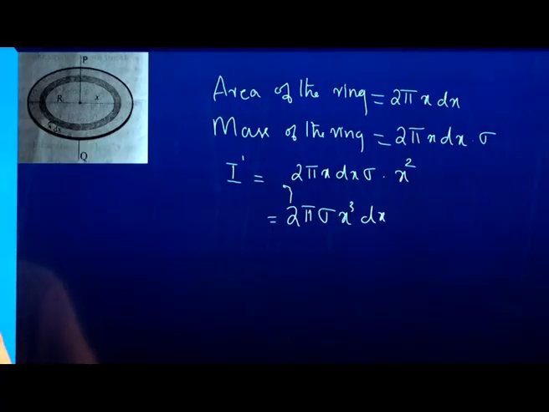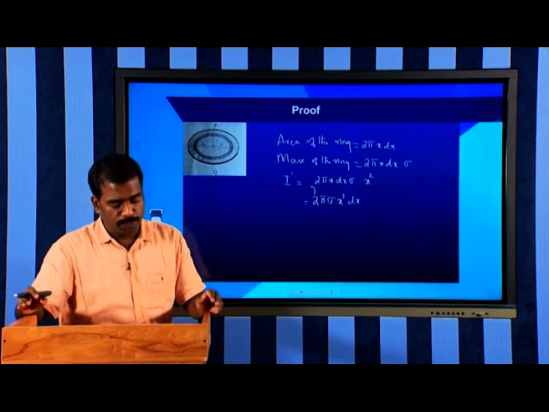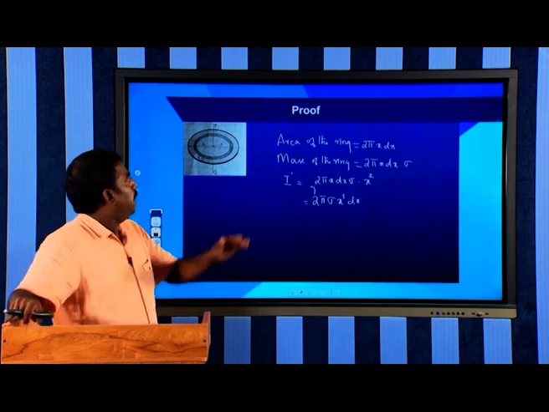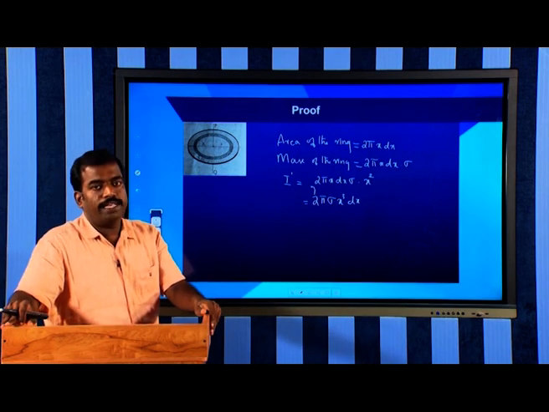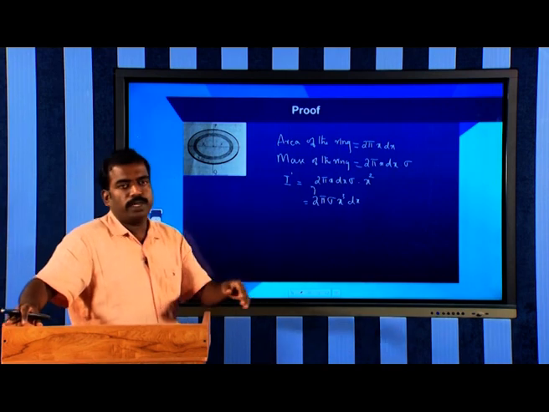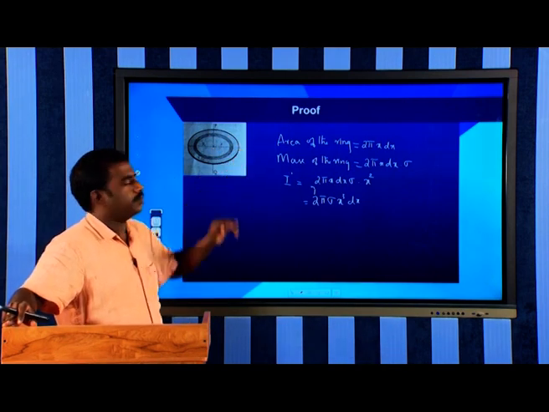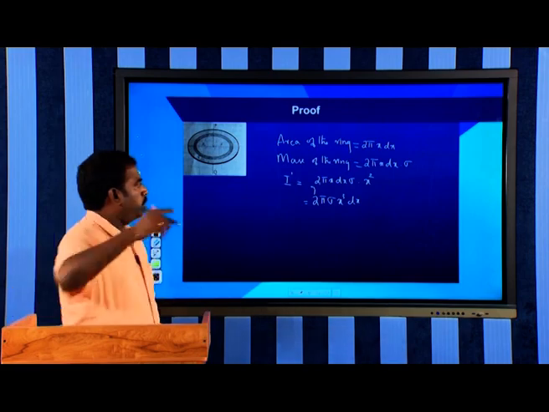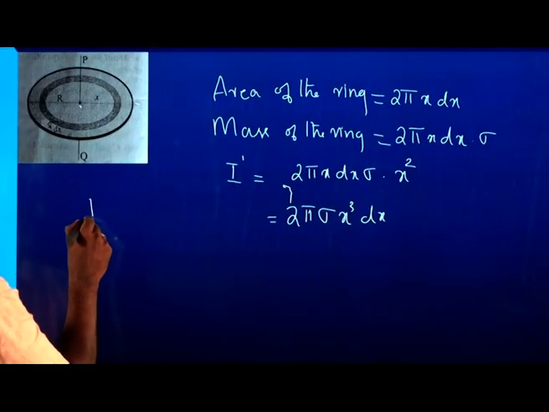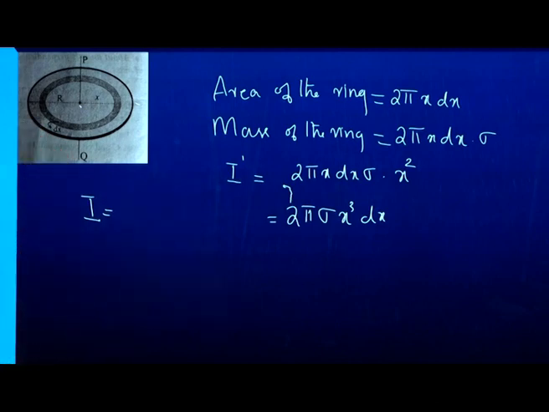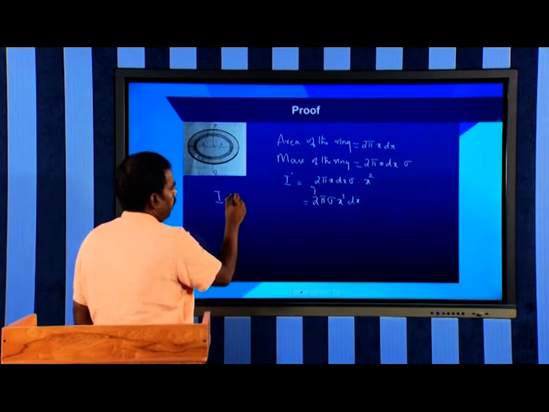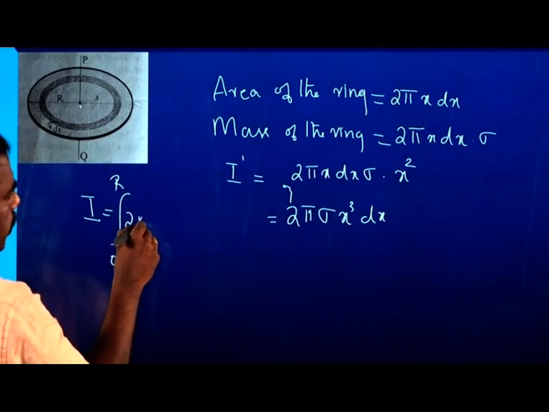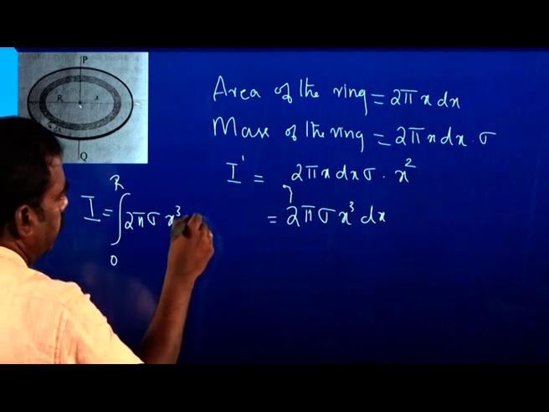Now, what we need to do? We need to integrate this expression between the limits. So the moment of inertia of the whole disc about the axis PQ is obtained by integrating this expression from 0 to R, from the center to the rim. So we are finding the moment of inertia of the disk about the axis PQ, and it is given by I equal to integral 0 to R of 2 pi sigma x cube dx.